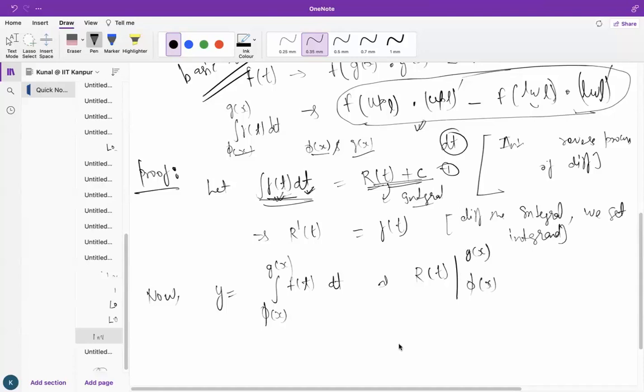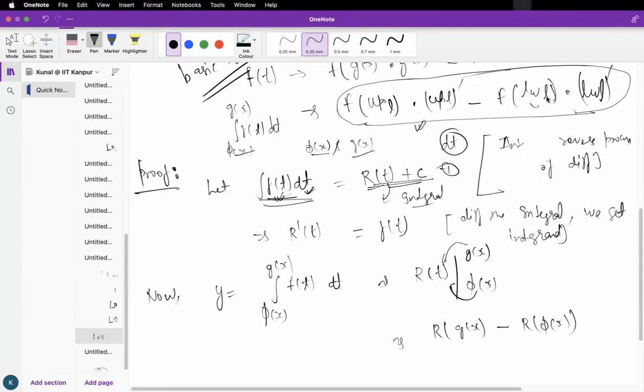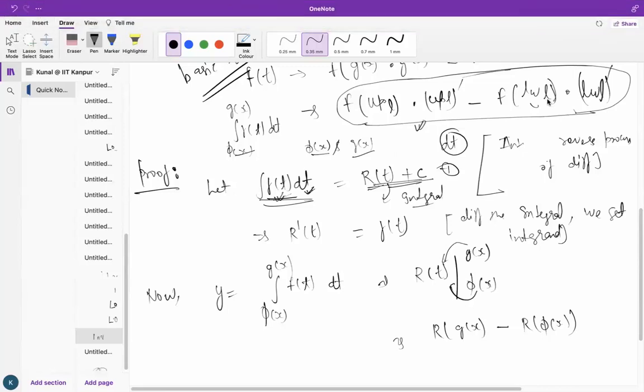So when we insert the limit, what do we get? We get r as a function of g(x) minus r as a function of phi(x). I just substituted the upper limit and lower limit here. I hope you'll all understand what I'm trying to do.